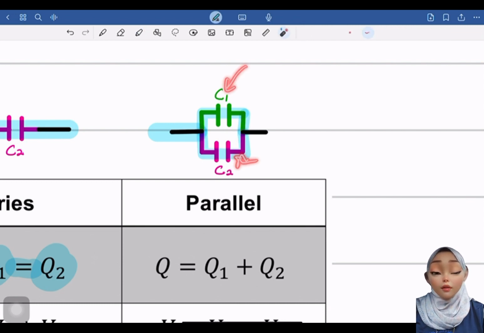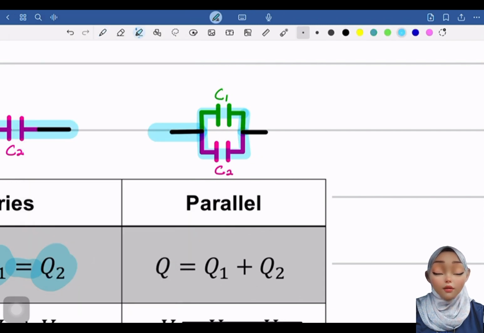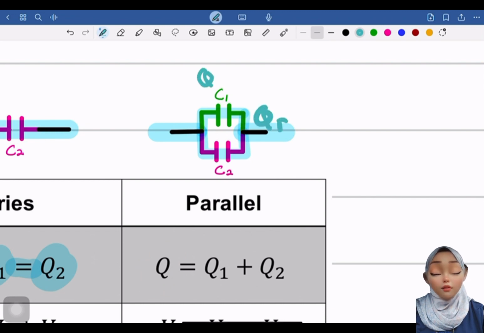But what we can see here is that it will then combine back into the main river. Because C1 and C2 are in two separate rivers, we can see that Q1 plus Q2 gives you back the Q total. So here we have Q total, here we have Q1, and this is Q2, like that.